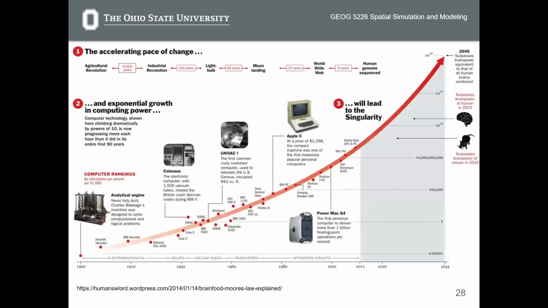At the beginning of the 20th century, we had something called the analytical engine. You can consider this a very ancient form of computer, of PC. In the middle of the 20th century, a computer could be larger than a room.